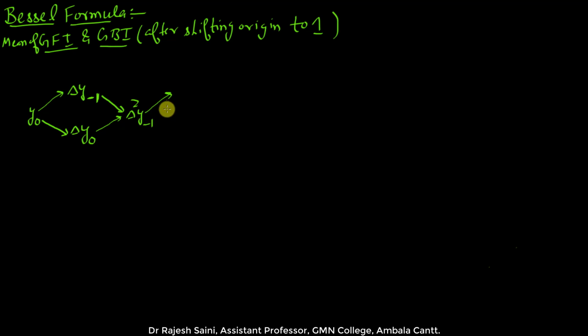Then this will be delta cube y, delta cube y. When you go up, it will be -2, and when you go down, it will be -1. Here will be delta 4 y. When you go up, it will be -2, and similarly you go on like that.